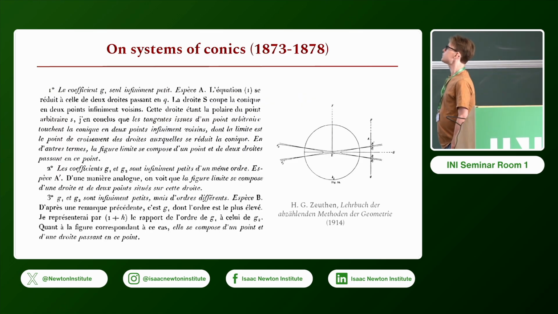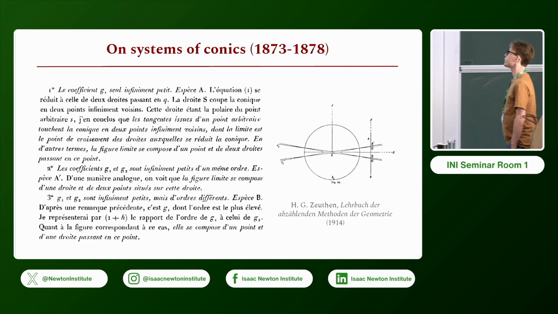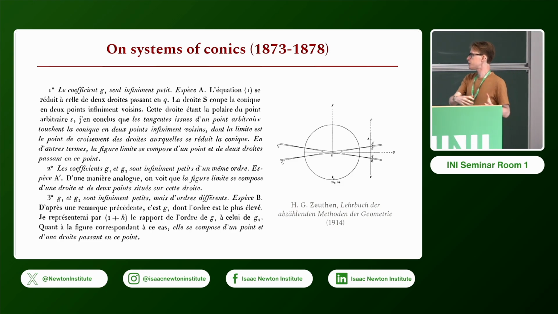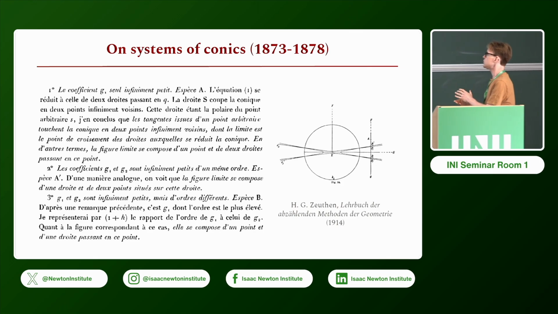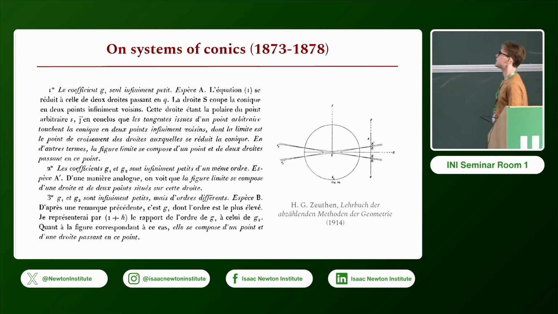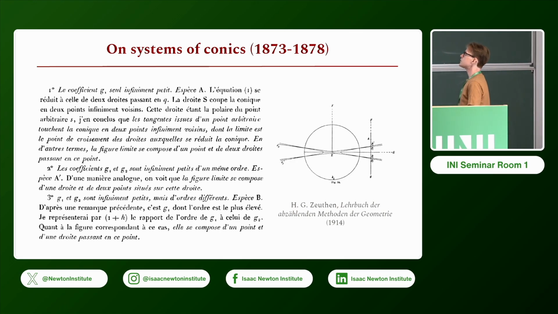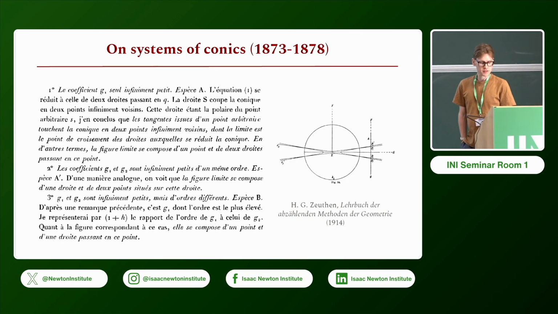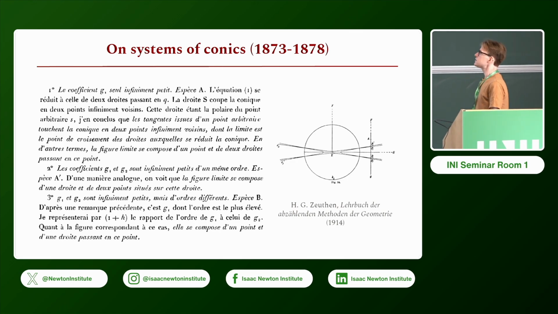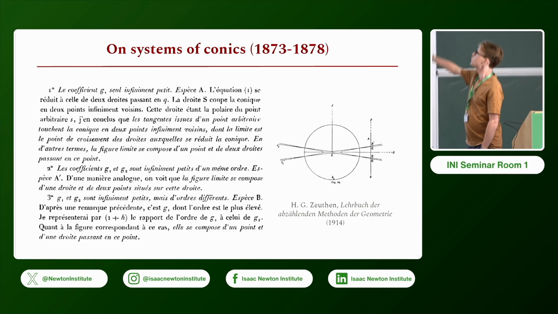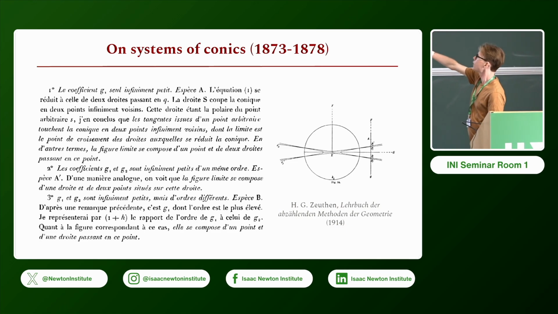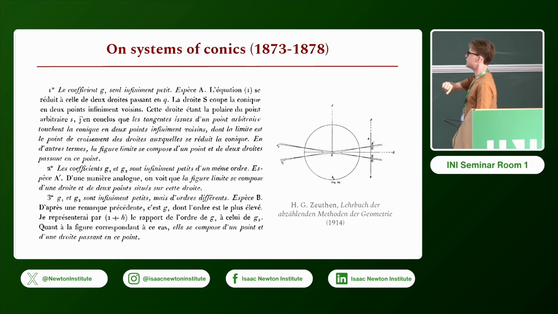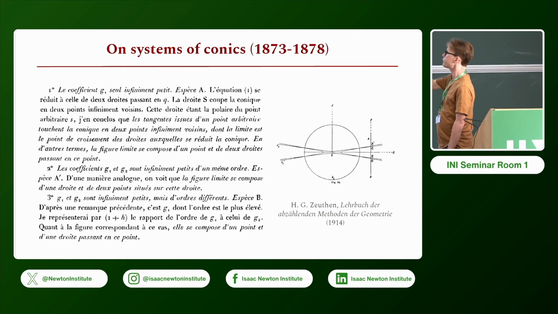And it turns out, Halphen shows, through this carryover of the theory of singularity towards this more complicated object, that we can obtain a classification of the degenerate conics in the system by distinguishing between several cases: when only one coefficient becomes 0, when two coefficients become 0 at the same rate, or when two coefficients become 0 at different rates.